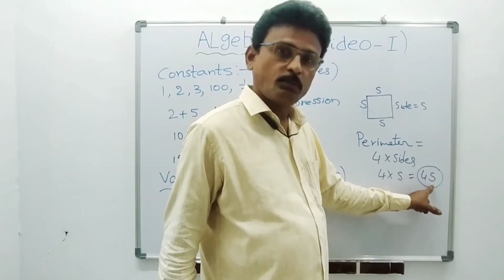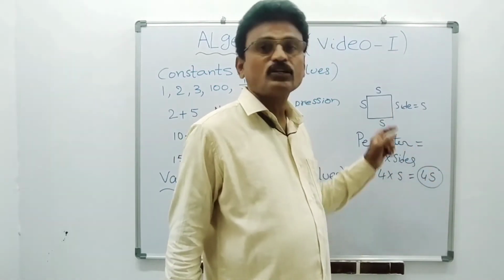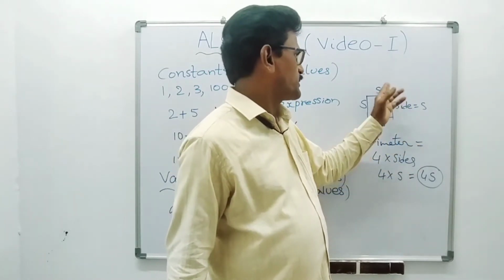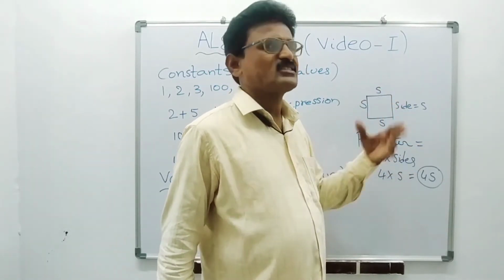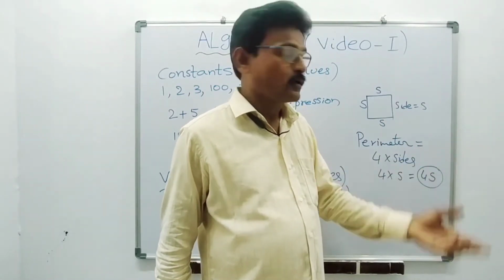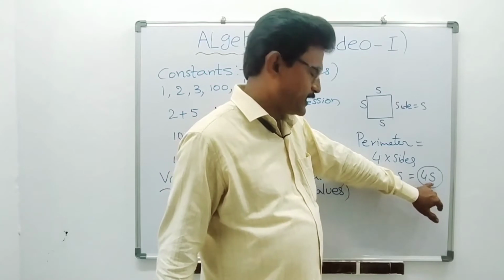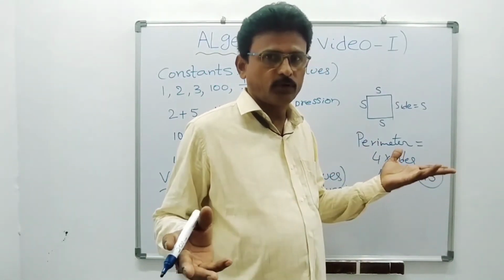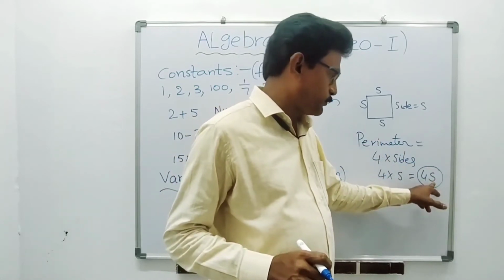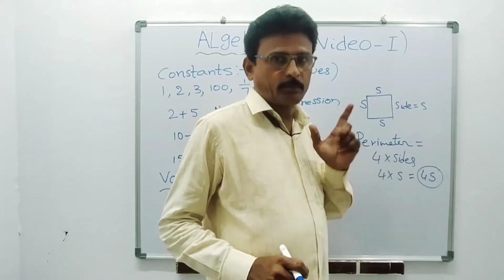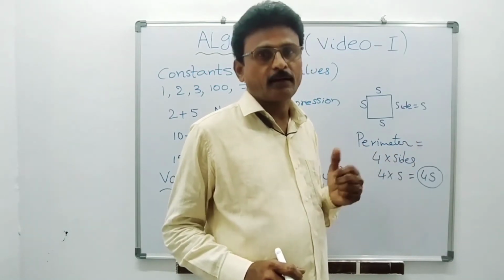If we use the symbol here, it is very easy to solve the problem. It is difficult to add 15 plus 15 plus 15 plus 15, which is 60. Instead of that, 15 into 4, directly we can say it is 60. That implies here S is an unknown quantity. Okay, that is said to be a variable. If we use such variables, this is said to be a literal term.